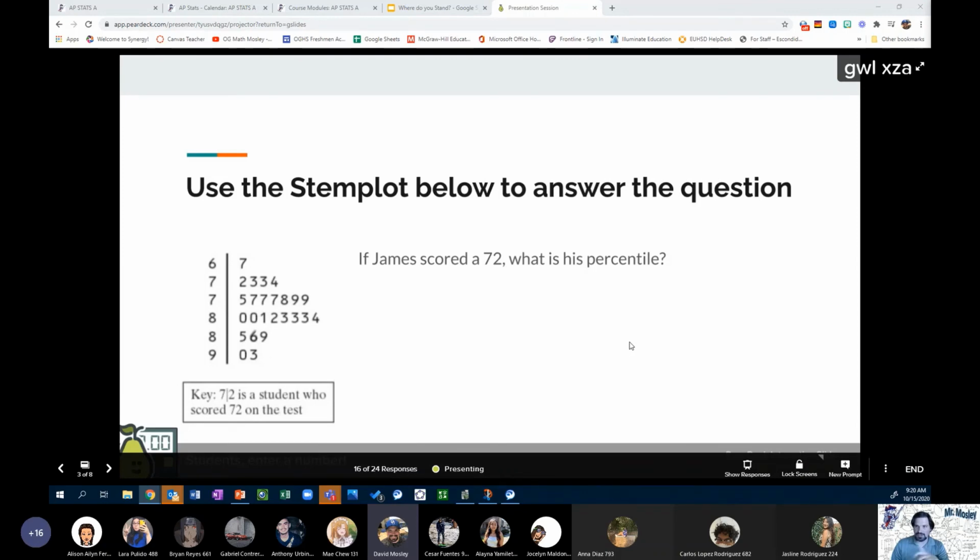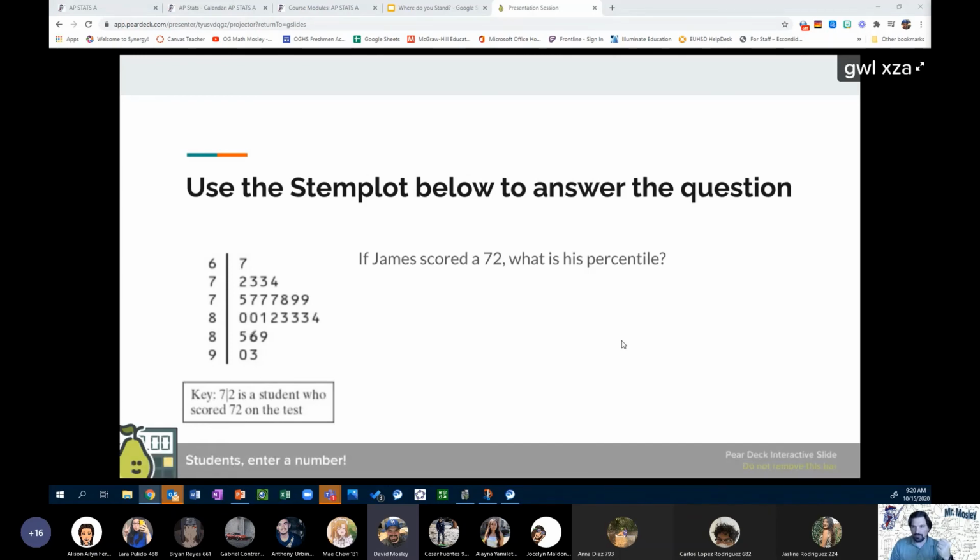So we take that number 1, divide it by 25, which will give us 0.04. We move our decimal place 2 spots over to convert that to 4%, which then means that the score of 72 is at the 4th percentile.